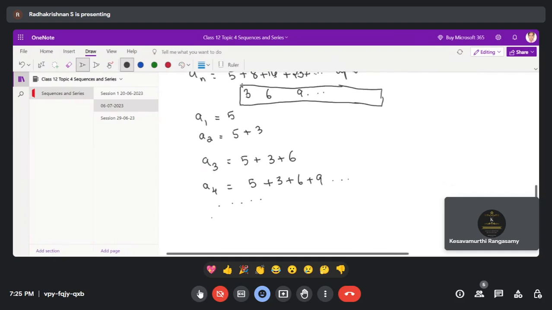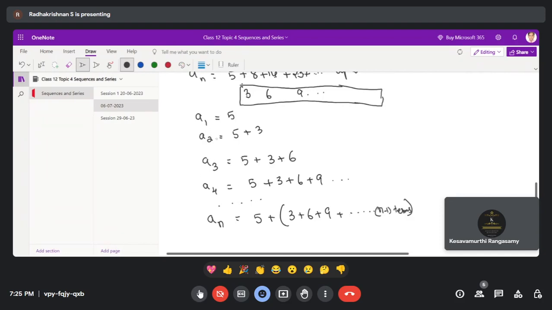Therefore, an will be what will that be? 5 plus how many terms? N minus 1 terms. Very good.